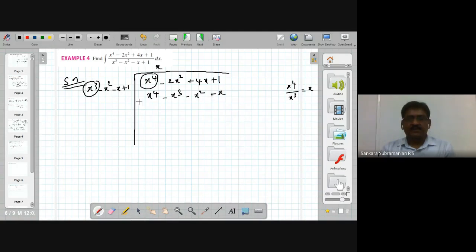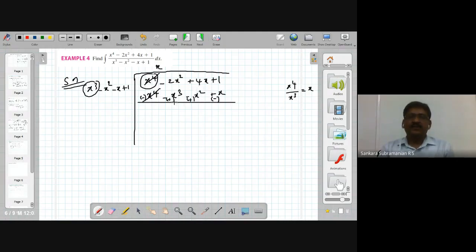So the multiplication process is over. Then change of sign. Here it is negative, you get positive, plus, plus, and this is minus. Next, simplification, adding the two terms. We have minus x power 4 and plus x power 4 will get cancelled.